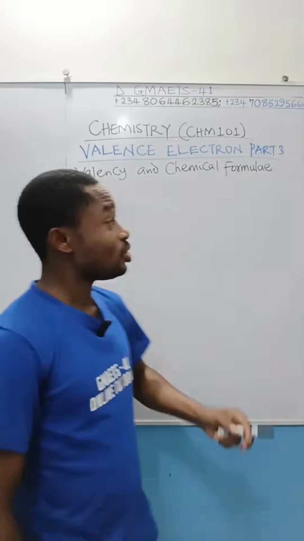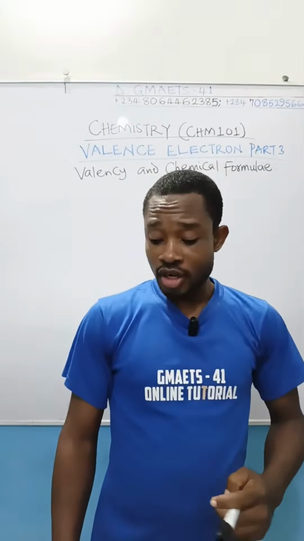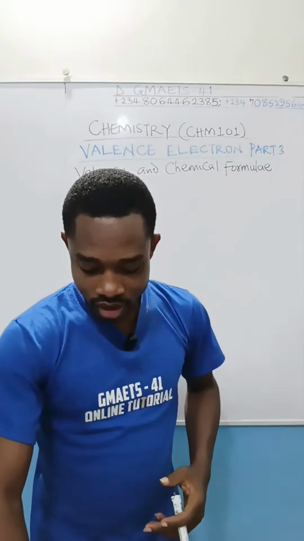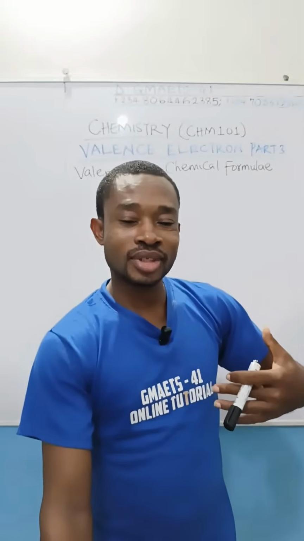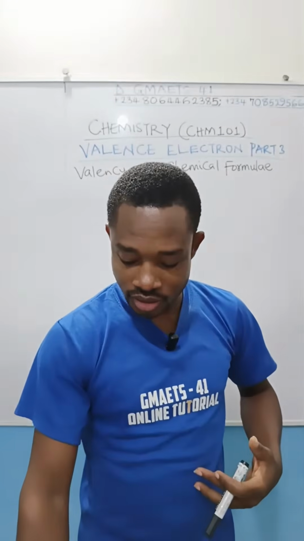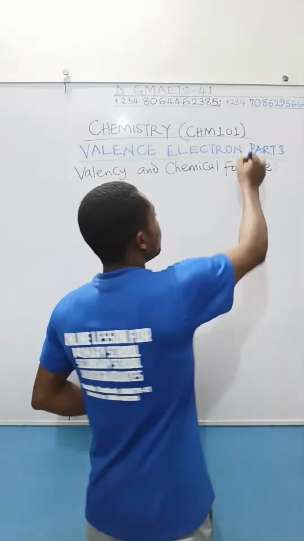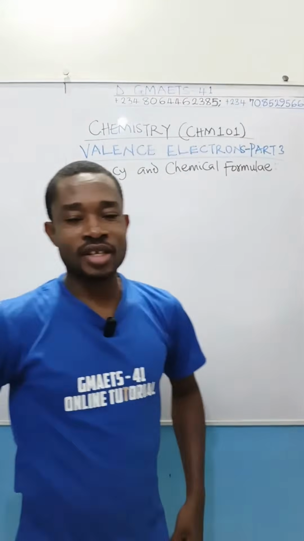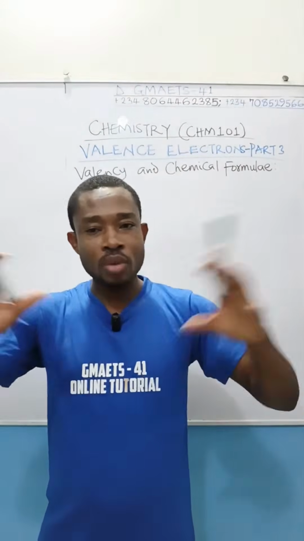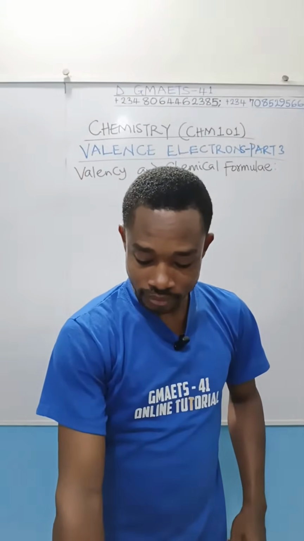Once again, we are still looking at the importance of valence electrons, because this whole idea comes from the concept of valence electrons. I had already stated this time and again, which is why I said that as a science student, you don't joke with valence electrons. From that guide, there are so many things you can actually do in chemistry.